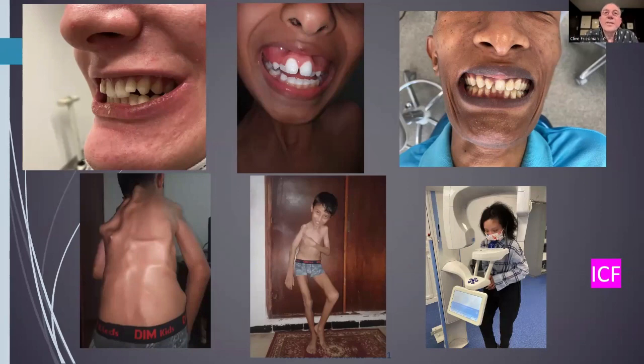If you look at some of the bottom pictures, those lesions result in really severe mobility restrictions where the head doesn't move, the body doesn't move, the shoulders don't move. Oftentimes it's impossible to get those individuals even into an X-ray so that you can get a full X-ray to determine what's going on in their head and neck area. And so it becomes very much more difficult to do appropriate diagnoses.